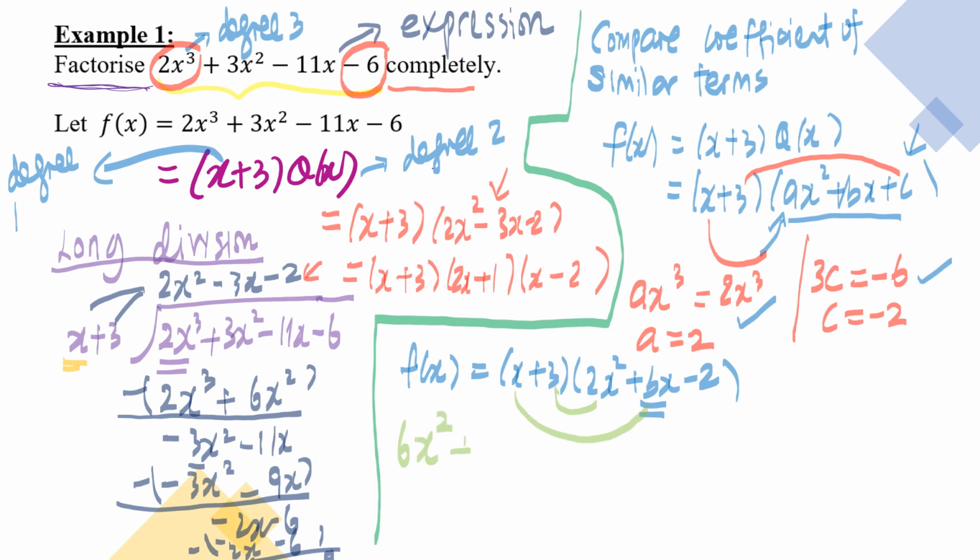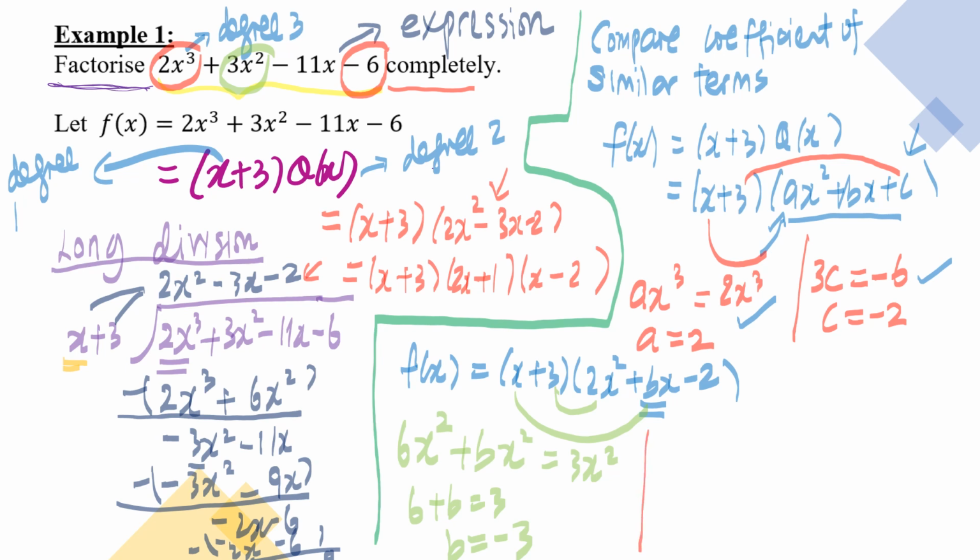The rest are not relevant. Sorry, I circled wrongly. That will give me this term here. If you divide by x squared throughout, you will get 6 plus b equals 3. So b is negative 3.